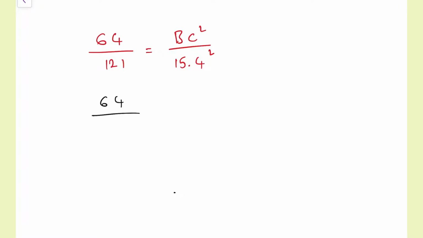64 divided by 121 equals BC square by 15.4 square, which can be written as BC by 15.4 whole square.